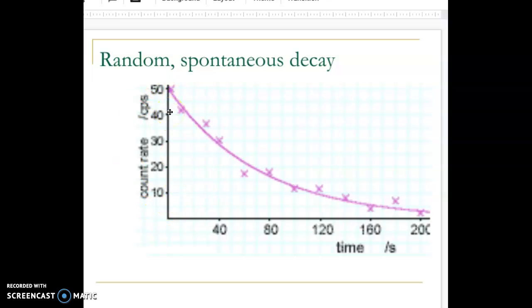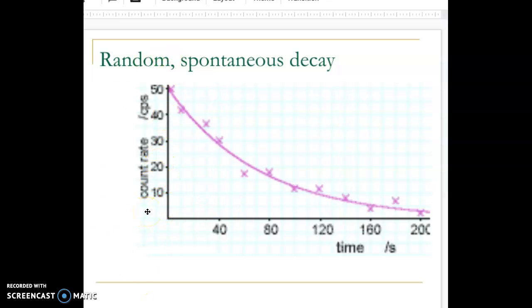And again, the pattern is exactly the same. The count rate will go down by half as well. So you will go from 50 to 25, and then it gives you a half-life of, on here you can see, approximately 50 seconds. So that's another one.